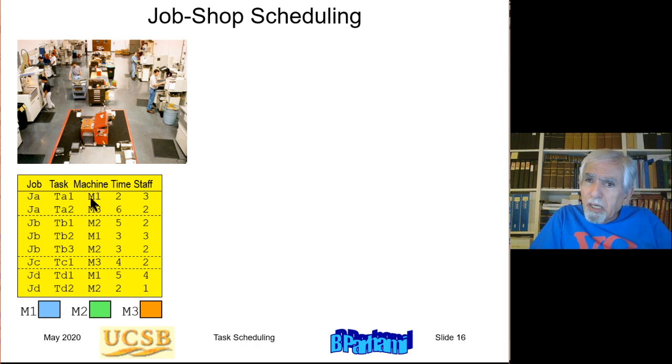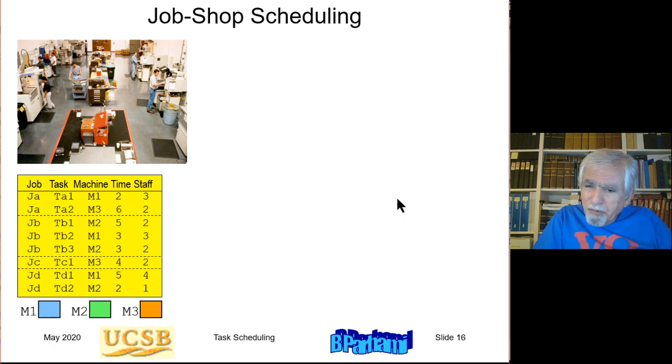So A1 requires us to use machine M1, A2 requires us to use machine M2, and so on. So each task requires the use of one of the 3 machines, and we have 3 machines color-coded. The blue M1 machine, the green M2 machine, the orange M3 machine.